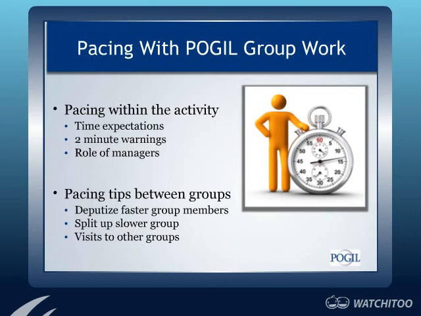First of all, I want to say that it's very important to set time expectations beforehand. Chunking of the activity and giving suggested times to completion is a great idea to control the classroom. Stop signs are naturally embedded places to pause, so as writers of POGIL activities, we would put those stop signs in places that we thought were a good place to pause, but a teacher could also choose other places to set goals for.